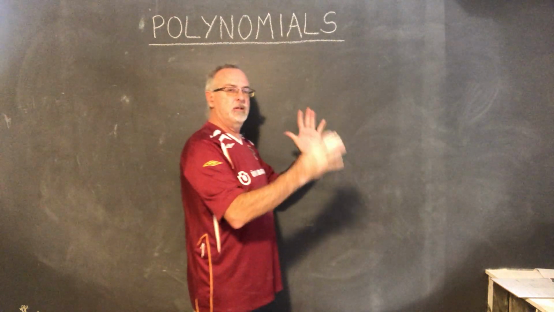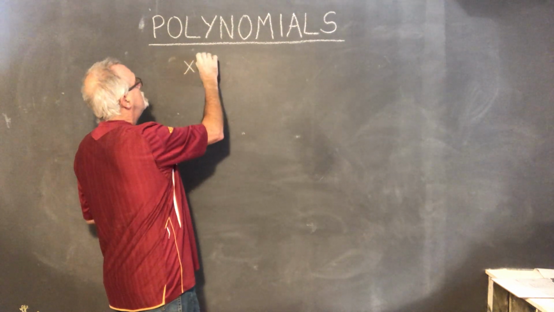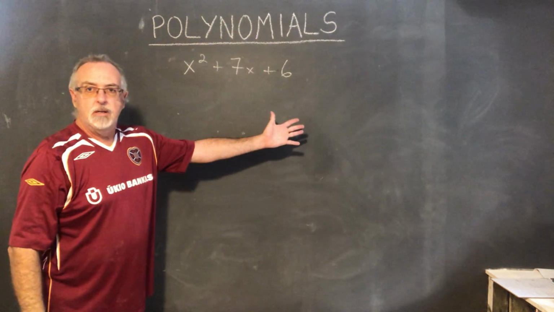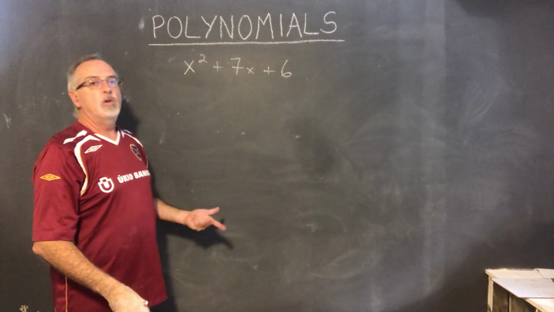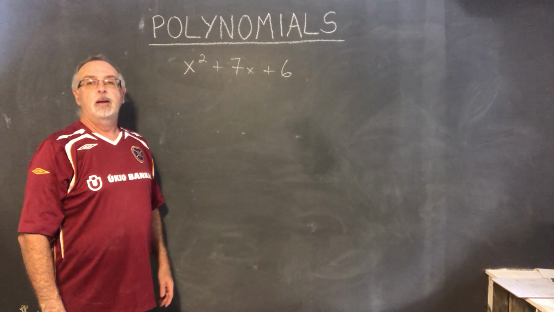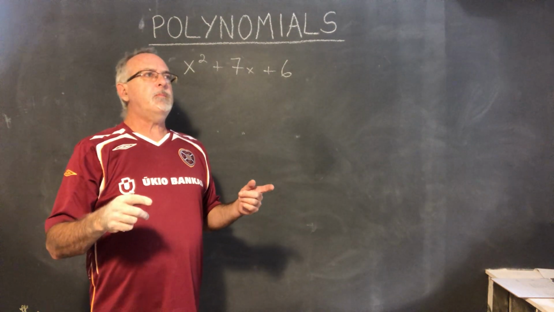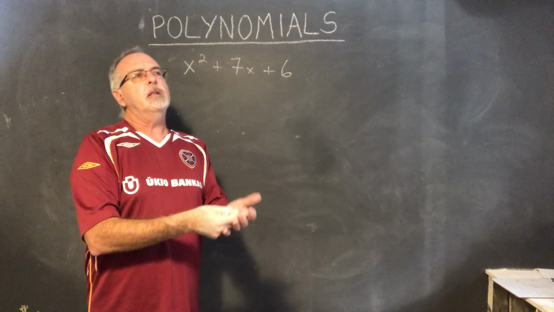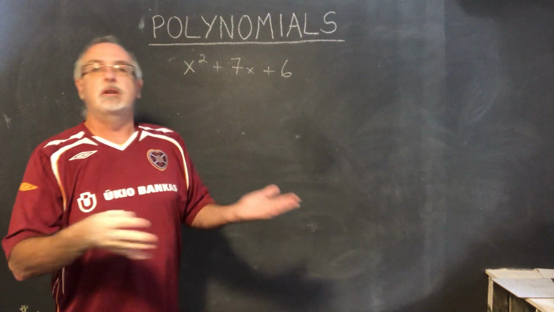I'm staying with trinomials right now. So x squared plus 7x plus 6. It looks like an answer to one of those multiplications of two binomials that we did with the FOIL. So now we're saying, okay, if it was the answer to one of those, what would the question have been? It's kind of like saying every time you multiply, you get an answer which becomes the question for a division, because multiplication and division are opposites.